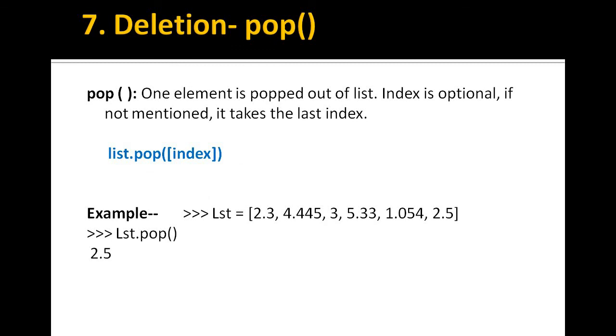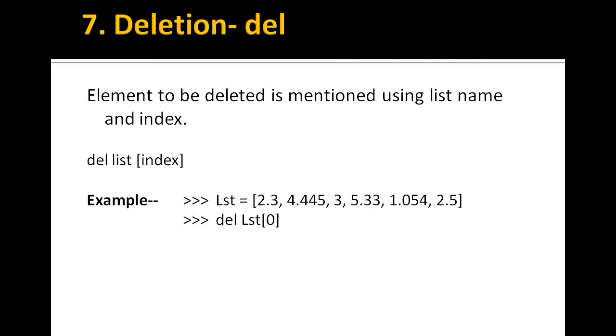Deletion can be done in three ways. You can delete one element by using pop method. For that, you can provide an index, or if you do not provide, the last element is deleted. You can use del keyword to delete any element of the list by providing list name and position of the value.